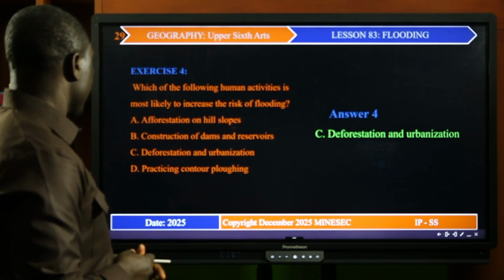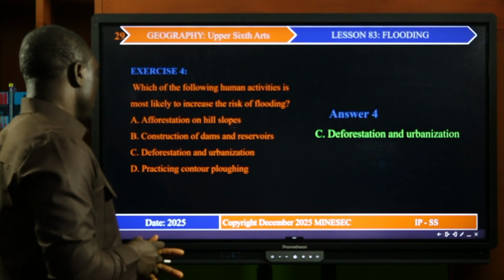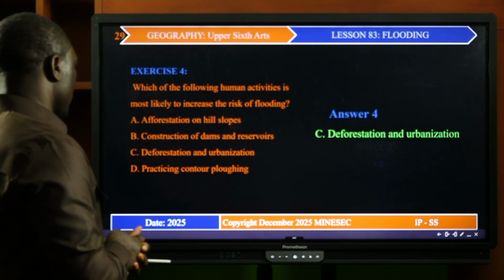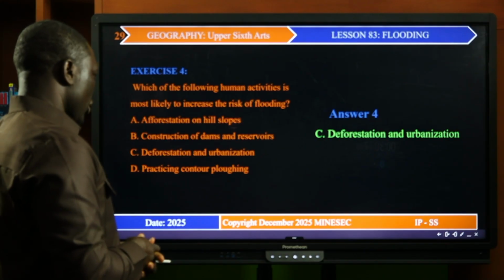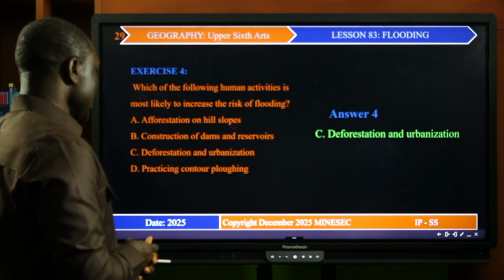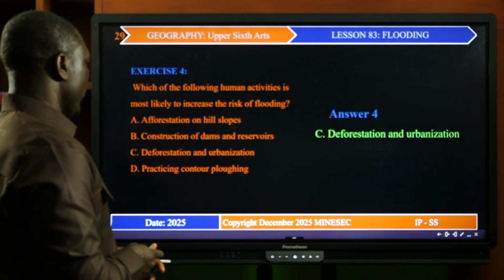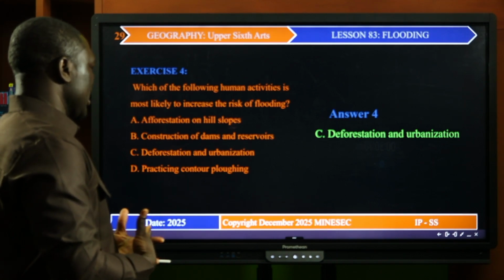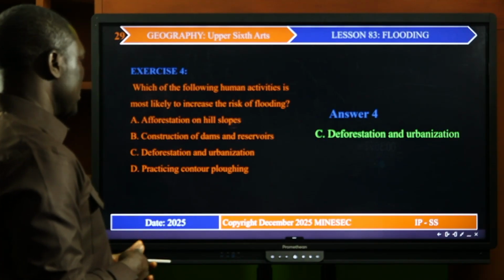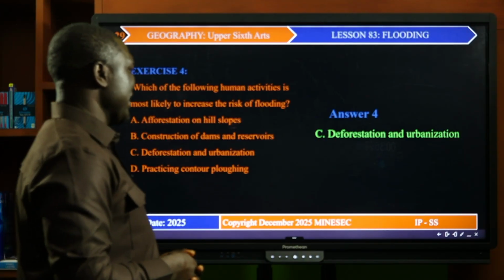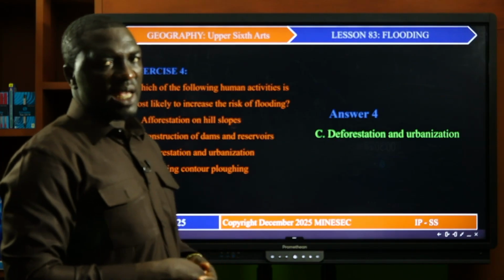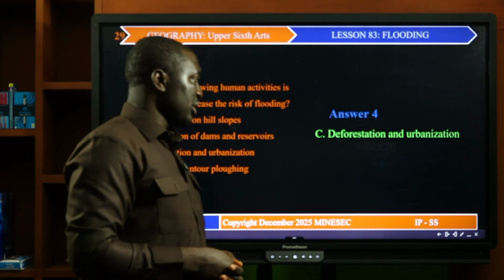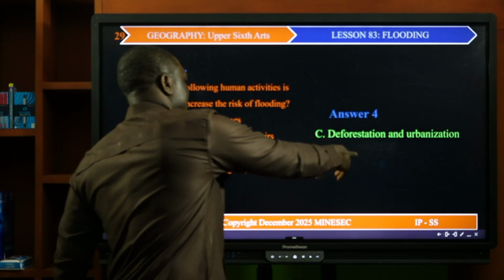A. Afforestation on hill slopes. B. Construction of dams and reservoirs. C. Deforestation and urbanization. D. Practicing contour plowing. The right answer is C, deforestation and urbanization.